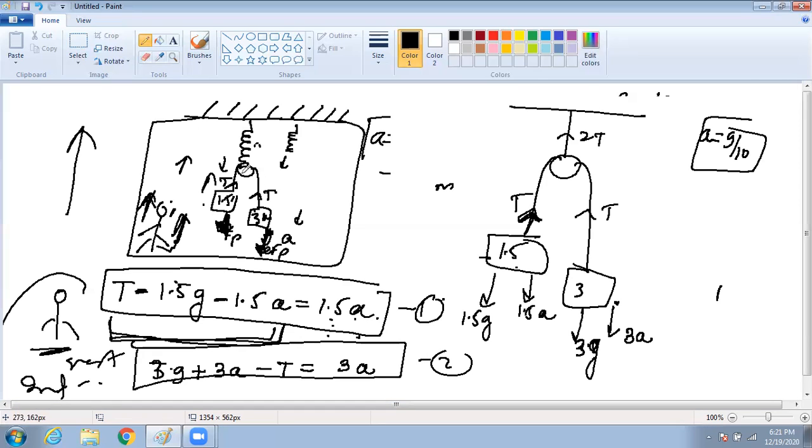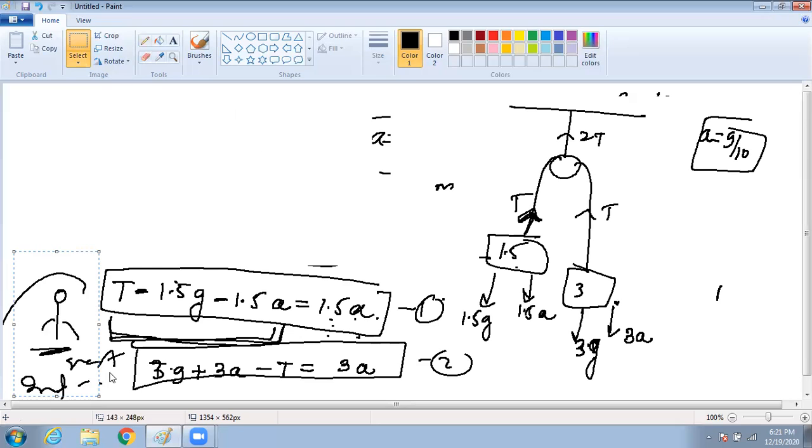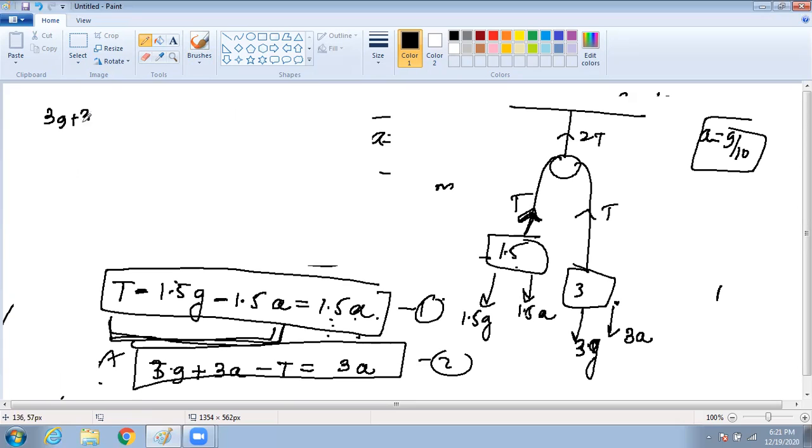So when you add both the equations, obviously T minus T gets cancelled. It becomes 0. So 3g plus 3a minus 1.5g minus 1.5a equal to 1.5a plus 3a. Correct? Yes, sir.